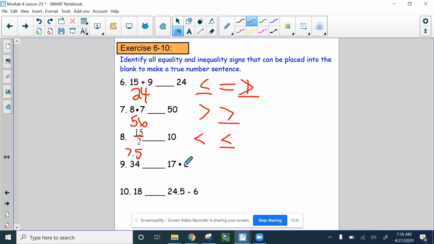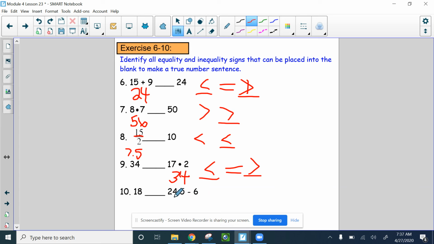Okay, if I do 17 times 2, that equals 34. So on here I have 34, and I have 34 also on the left side. So again, I could do 34 is less than or equal to 34, I could do 34 is equal to 34, or 34 is greater than or equal to 34. Anything that has one of my equal symbols in it.